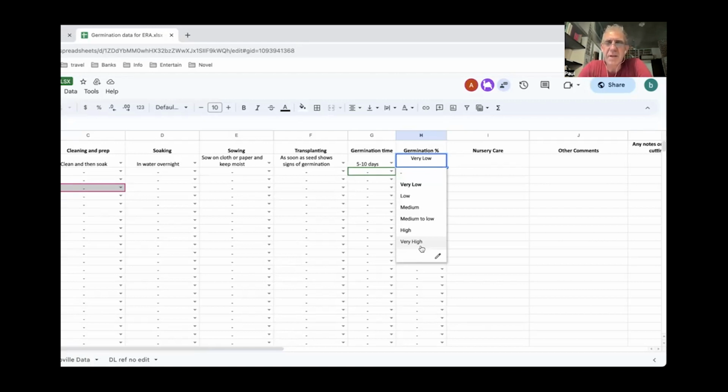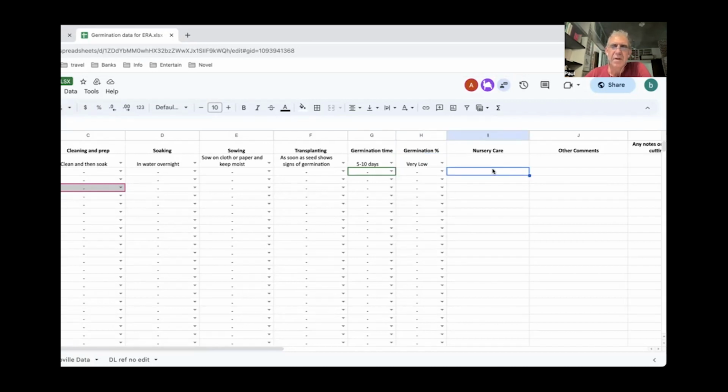High means you collect seeds and it's very easy. Very low means it doesn't really happen unless you're very lucky. Low means you have to collect a lot of seeds and you get a few, and then you've got these other medium and medium to low. So the two at the extremes are very easy to define, and medium to low is something like that.